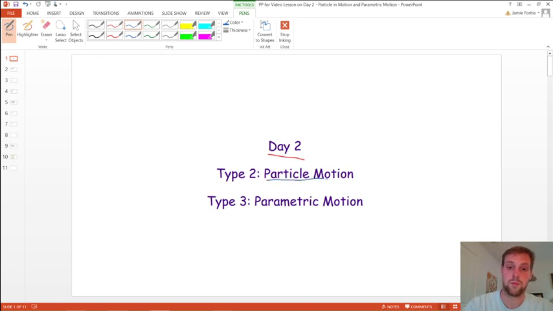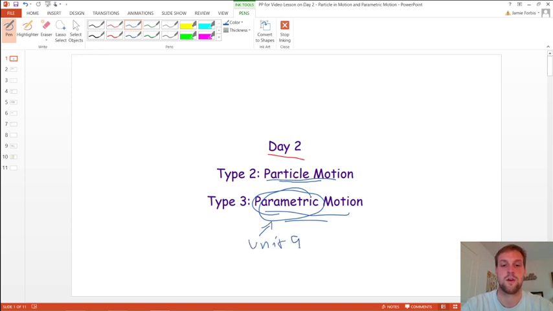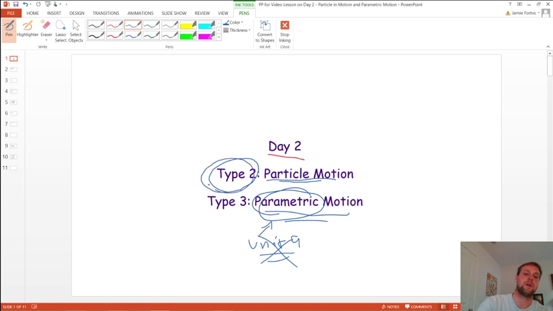I have particle in motion, that's a common question, and also parametric motion, which is part of Unit 9 in terms of the AP exam. They've completely eliminated Unit 9 from the AP exam, so really we can just do one type today. I'm still going to go through the parametric type just for the sake of knowledge, and you can watch it if you want, but once we're done with type 2, that's really the most helpful review for the AP exam.